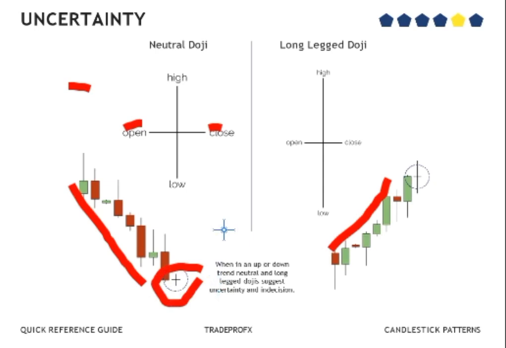The open and close prices are usually at the same level, indicating that there is a tug of war between the buyers and the sellers, but no one has gained control over that market. So when you see it in an uptrend or a bearish trend, just know that there is no direction, it shows indecision in that market. So let's proceed to the next.